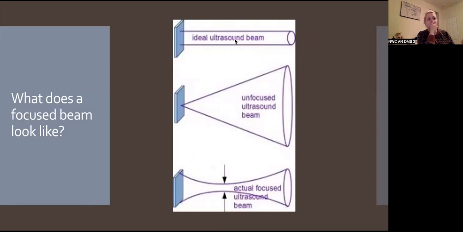What I have told students in the past is they're going to ask you a lot of questions about focusing, because they want you to know that focusing is important for us. We're here to take pictures, so we're going to have focused transducers, and we have to know how focusing is accomplished, so we know how Bob, who works in the factory, is putting together the transducers.